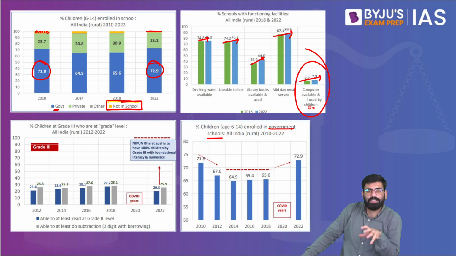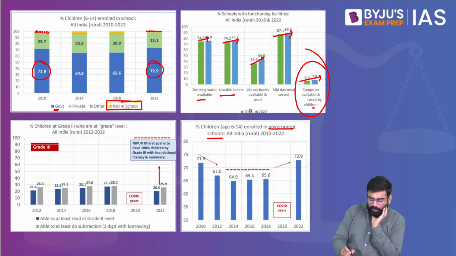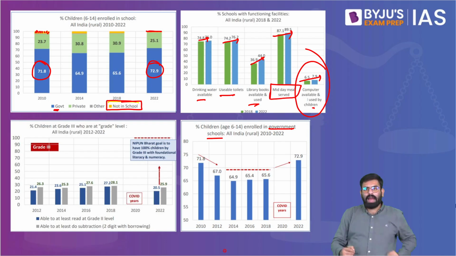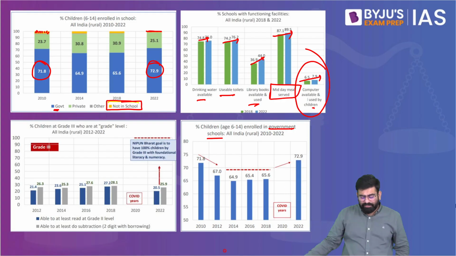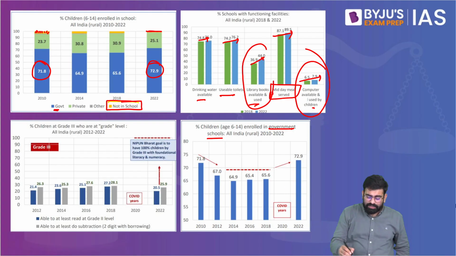So yes, there has been a betterment when it comes to basic facilities in schools. These basic facilities cover drinking water, usable toilets, library, books, midday meal, computer labs, etc. But we find that one of the crucial things, the availability of library and books in school, is missing.